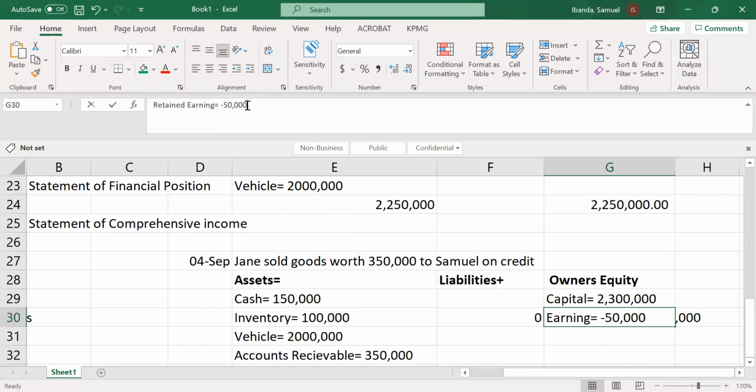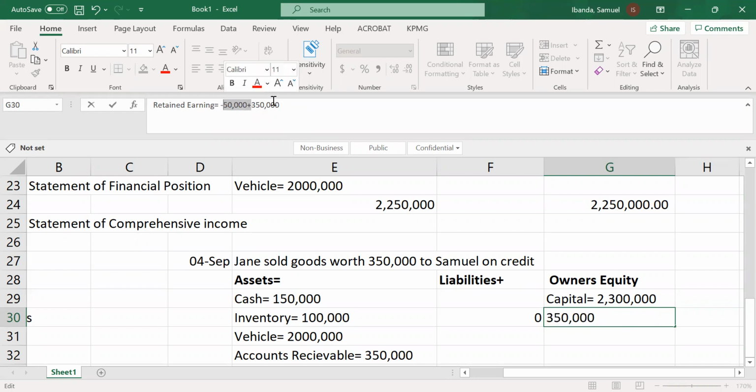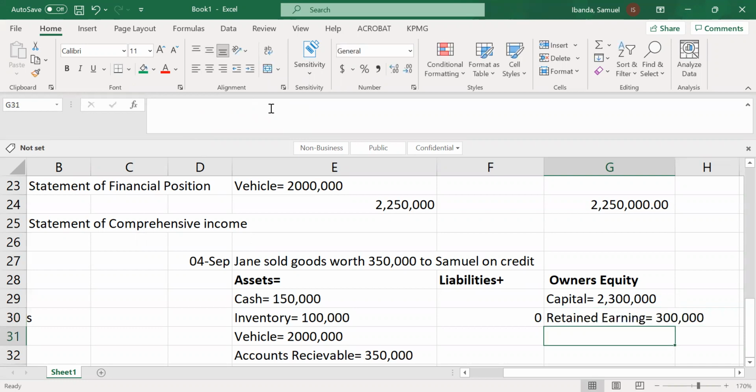But this 50,000 is going to be added. We are going to add a positive 350,000 because this is revenue. So when you add negative 50,000 plus 350,000, you basically remain with how much? You remain with 300,000. That's what you're going to remain with.